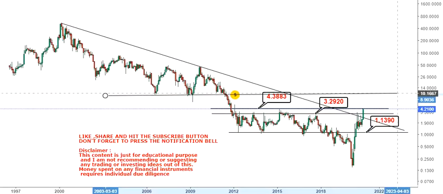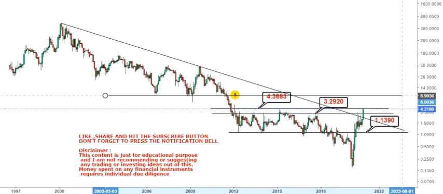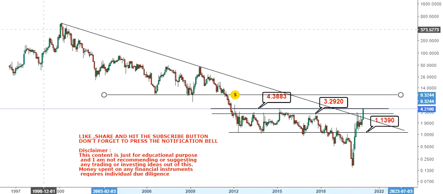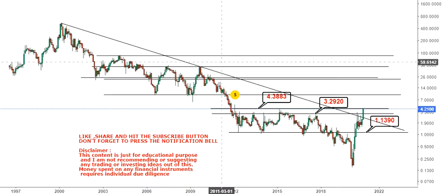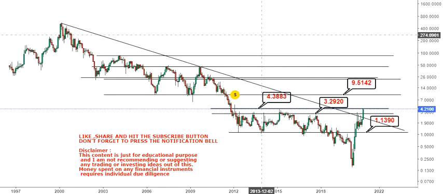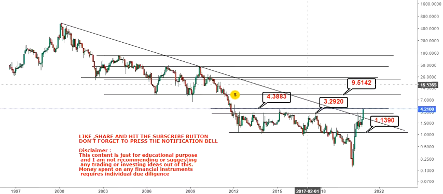Let me draw all the levels which you are going to see probably in the weeks as well as in the months to come. I'll restrict myself to a certain level, but if the stock sustains above $4.5, then you will have your next target directly at 9.5, which is nearly double your breakout.